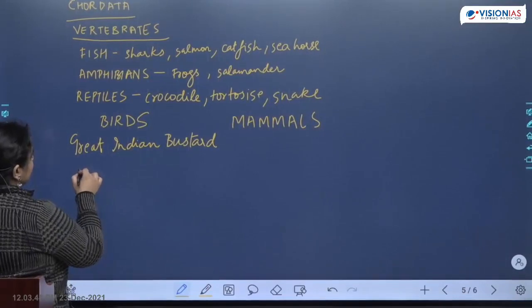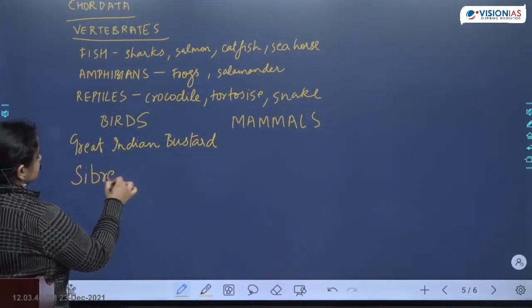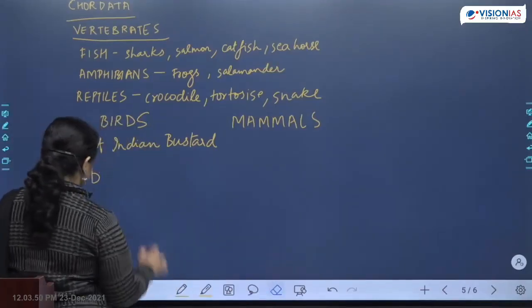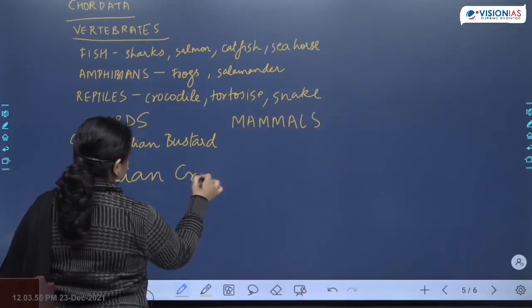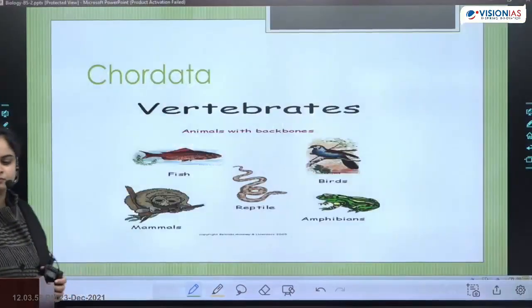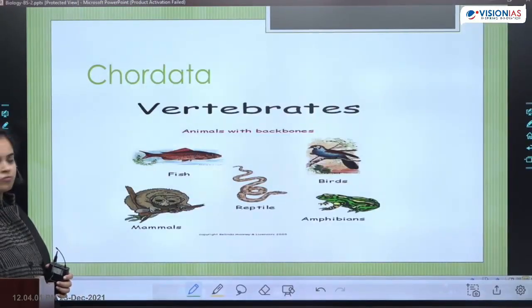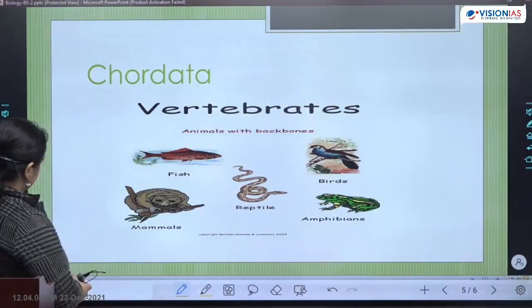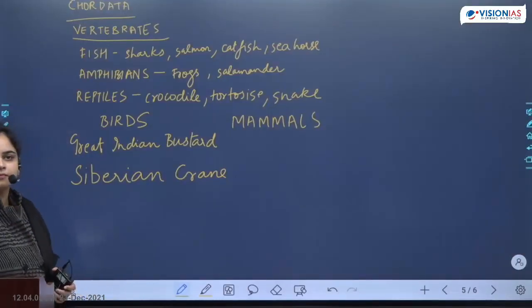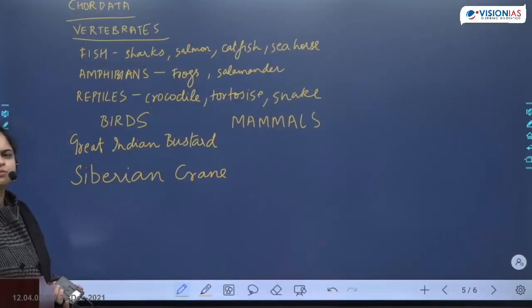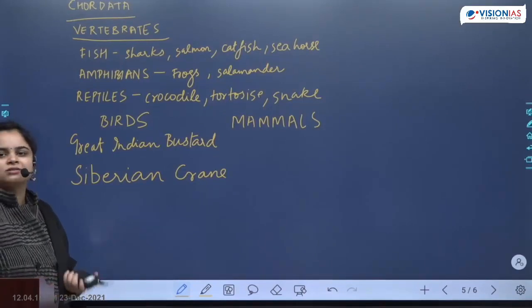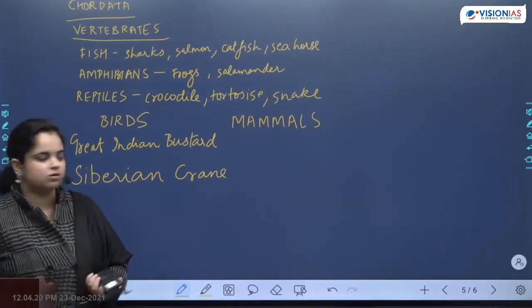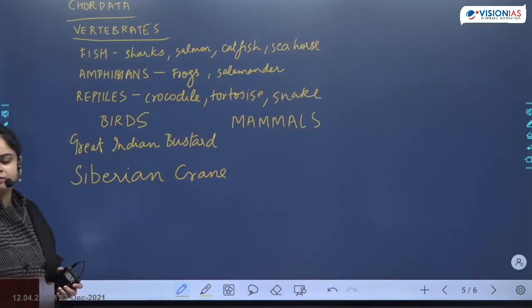Then you always have some migratory birds in news, like Siberian crane is there. Or any other thing which you find in the news, any bird, you're supposed to know about them. The common birds, you know, crows, sparrows, pelicans. So they are there, and plus anything which is in news.